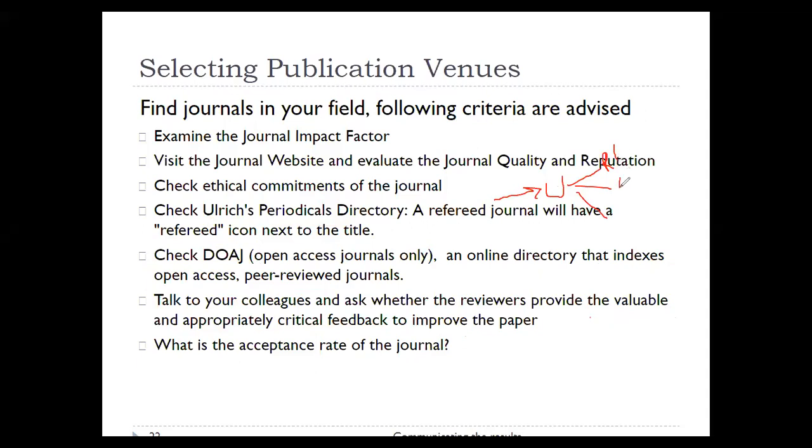Reviewer 1, reviewer 2, reviewer 3; depending on the journal, there may be 1, 2, or 3 reviewers. Most research journals have a minimum of 2 reviewers, and some specialized and very standard journals usually have 3 reviewers.